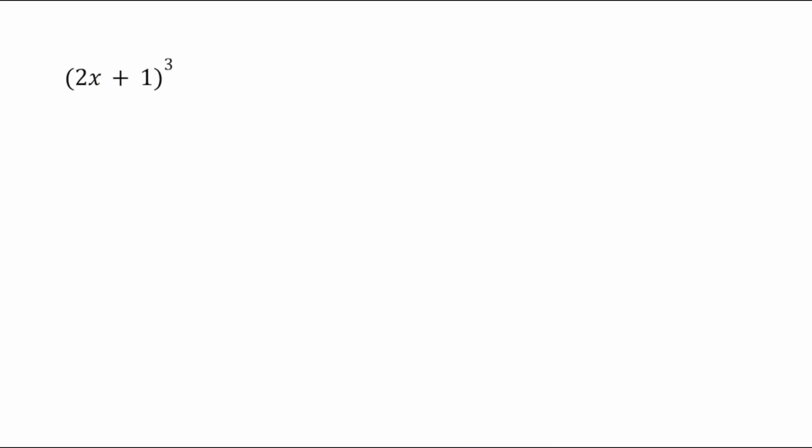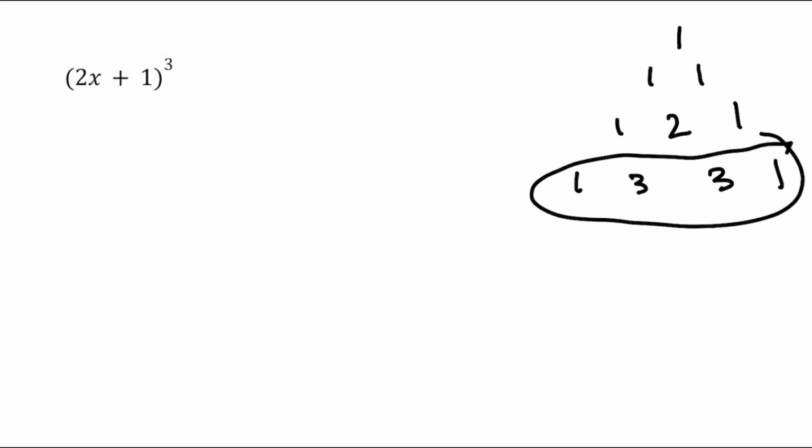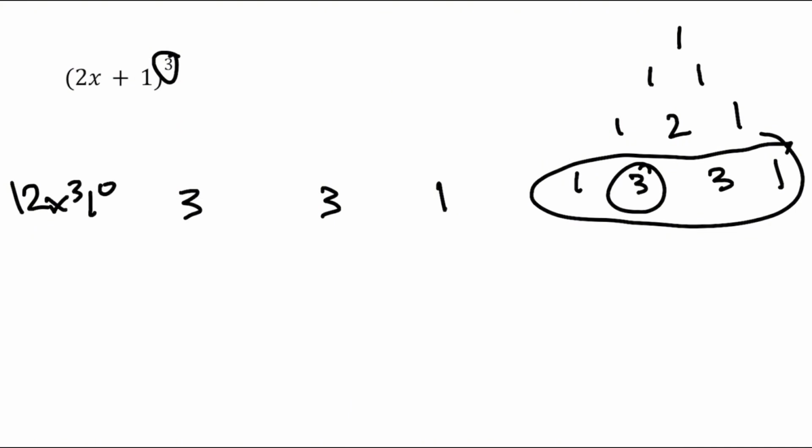Let's do a binomial expansion one again. Let's first draw the Pascal's triangle. We use this later because the second number is the number that our binomial is raised to. So we have the coefficients. First we do 2x cubed and 1 to the 0 power.